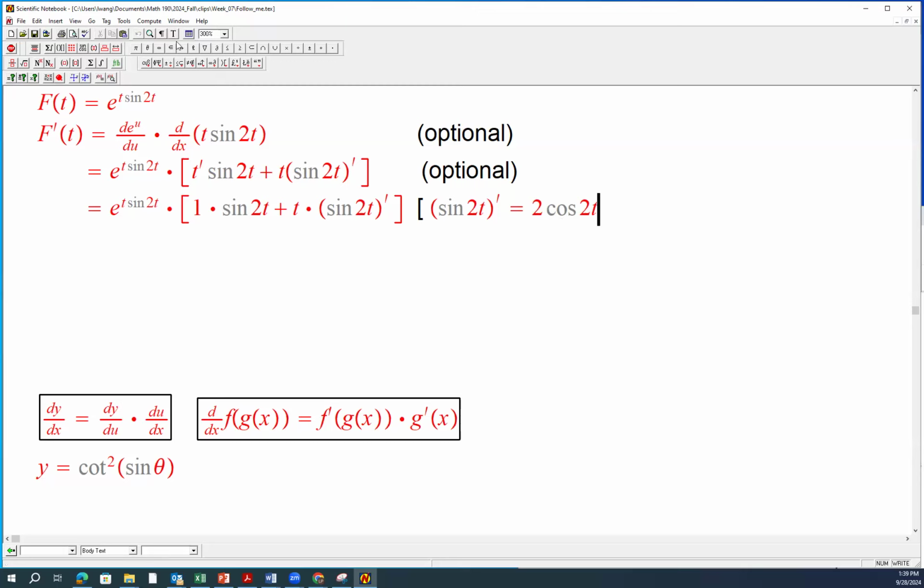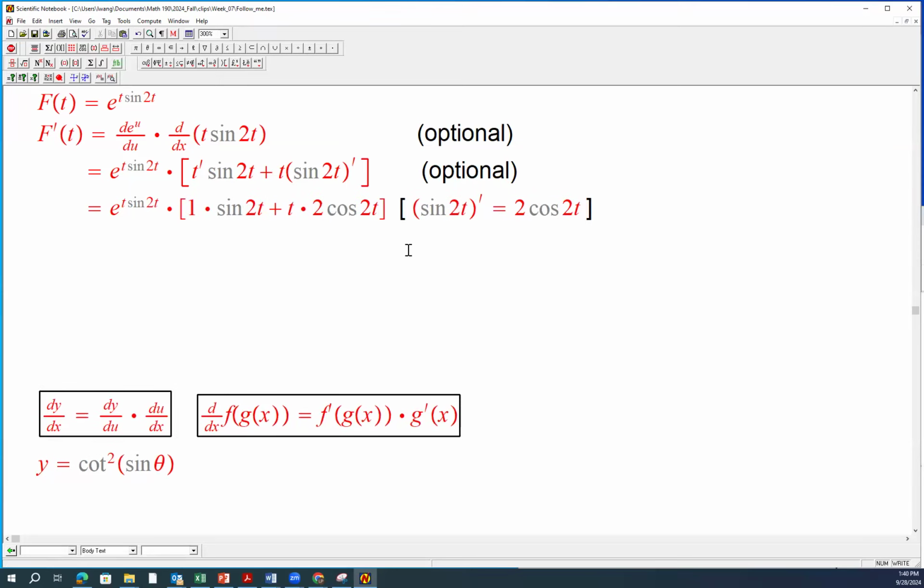So this is the derivative of sine 2t. Now we're going to replace this part by it. So you can go straight here, and you don't have to show this separately, or you can work it on your scratch paper.